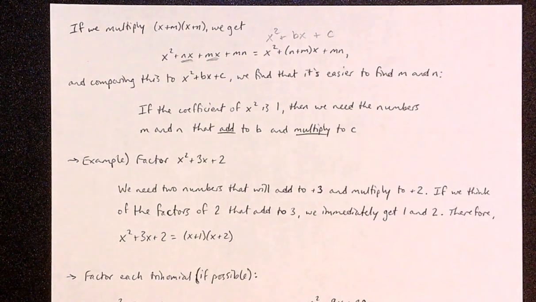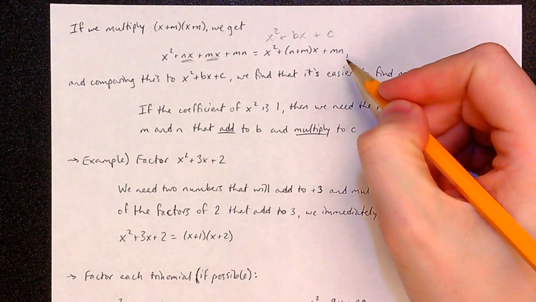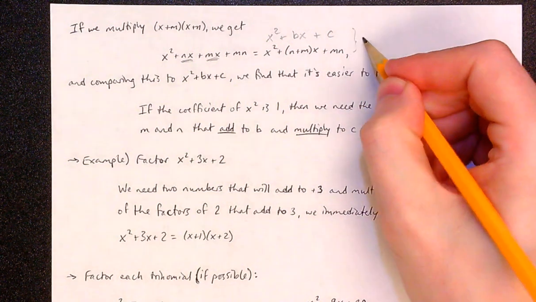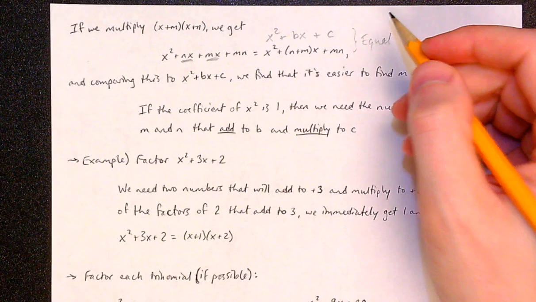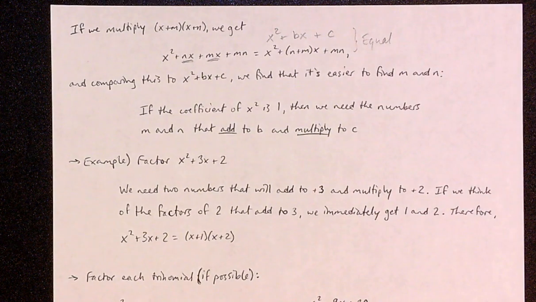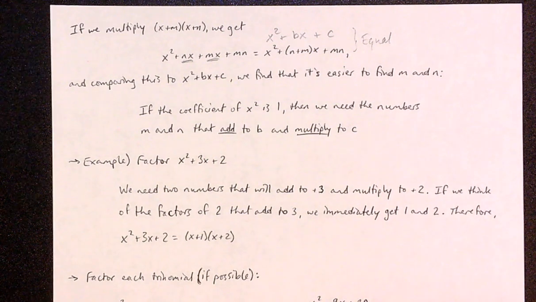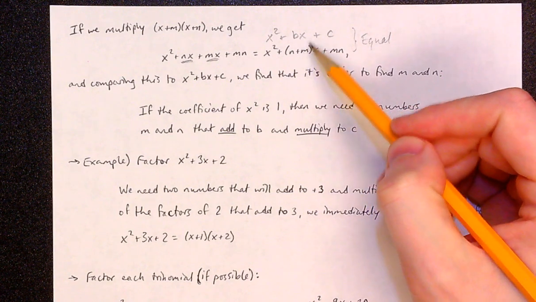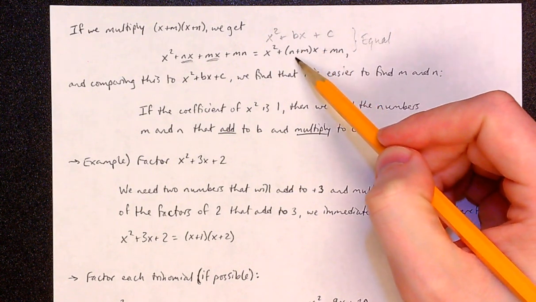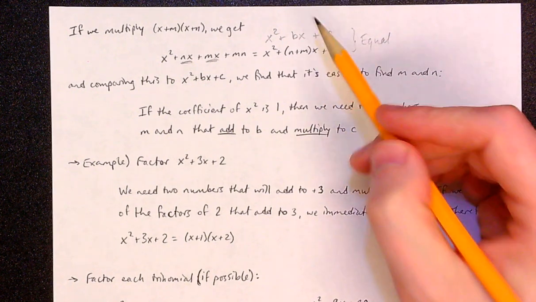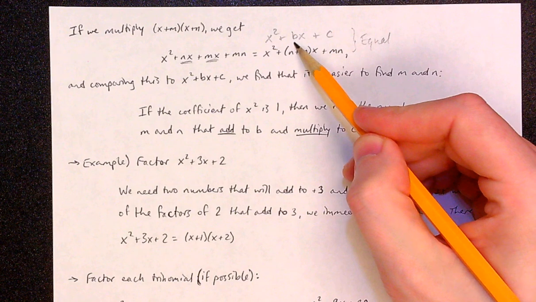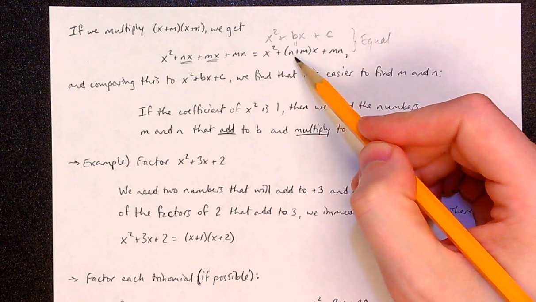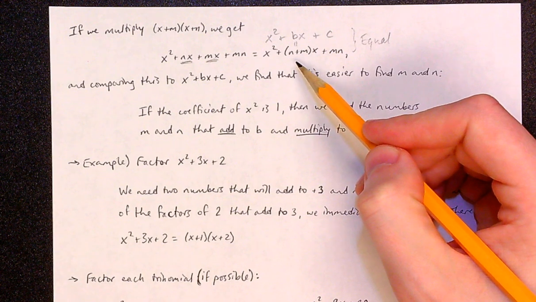And when you compare these things, these two things have to be the same. These two things have to be equal. So if I set these equal to each other and compare, we see some nice rules that we have to follow to find out what m and n are. I compare these two terms here, b times x versus n plus m times x. That's telling me that b and n plus m have to be equal to each other.